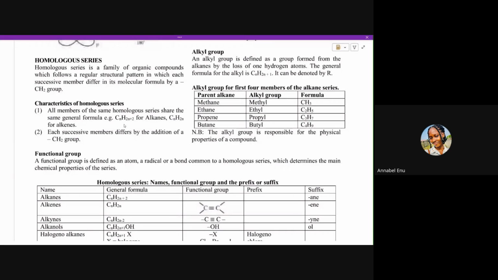Now I'm relating it to biology. That is how it is also here: there are different families, and then we have members of that family. So that's what homologous series is all about.